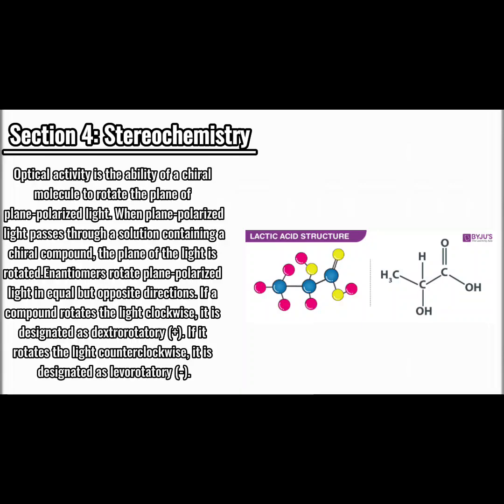If a compound rotates the light clockwise, it is designated as dextrorotatory, plus. If it rotates the light counterclockwise, it is designated as levorotatory, negative. For a real-life example, lactic acid has 2 enantiomers. One enantiomer will rotate plane polarized light clockwise, while the other rotates it counterclockwise.